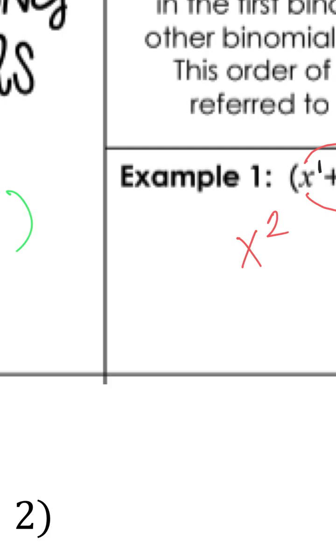Now let's do outer. What do we get here? Right, 4x. And what do we do next? So we did first terms, outer terms. Now we're going to do these inner terms. So 2 times x to the power of 1 is what? Right, plus 2x.